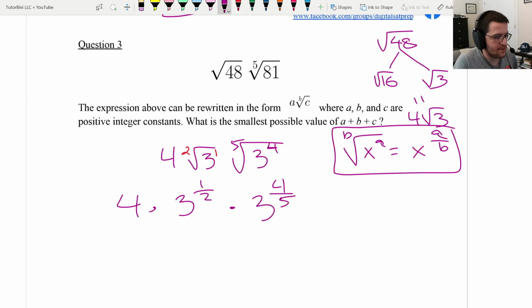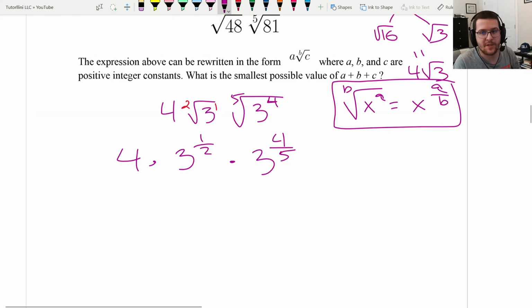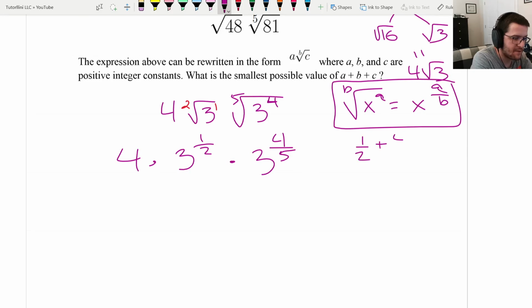Now when we multiply by a common base, we add. So we need to add the 1/2 and the 4/5. You can do that on a calculator, or you can do it by hand really quick. It doesn't matter. For 1/2 plus 4/5, you should get 13 over 10.